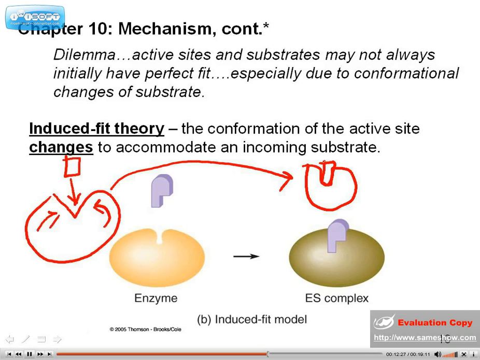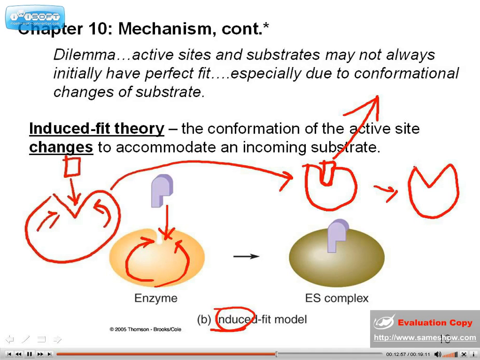So in this picture right here, we have before, it then fits in, and then the shape of the overall enzyme actually changes a bit such that the active site fits snugly around the desired substrate. So we call this the induced fit model. The minute the catalysis is complete, the substrate will then leave, and then the enzyme will retain its original shape along with its original starting active site shape, and then the cycle repeats.